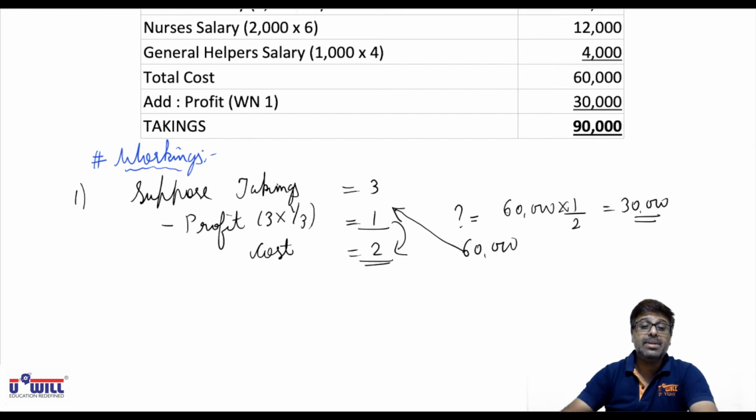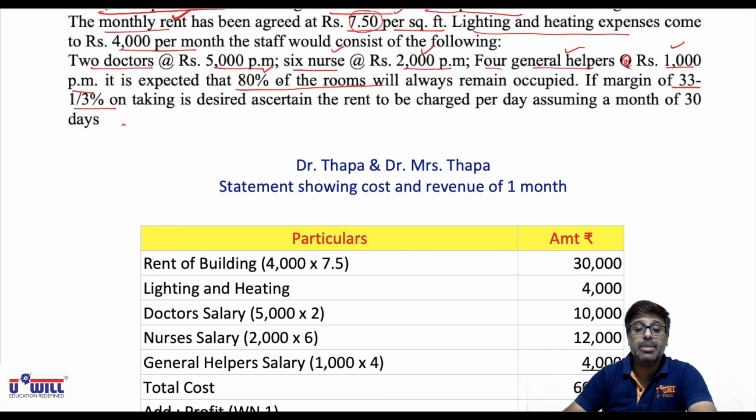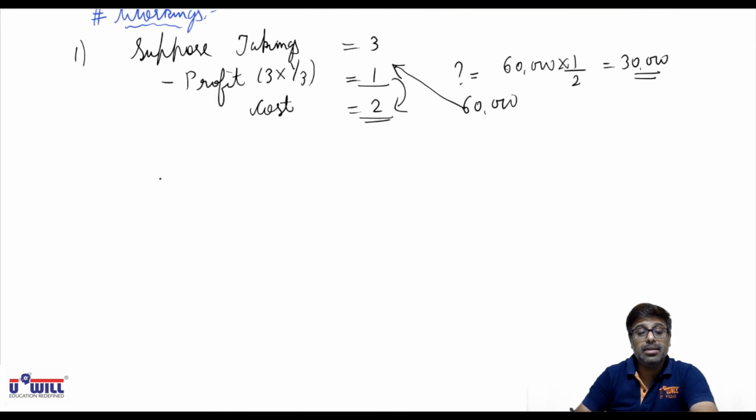Now again 80% rooms are only going to remain occupied and 30 days we have to assume in 1 month. So what are the effective rooms occupied in a month? Okay, from where we can recover the money?